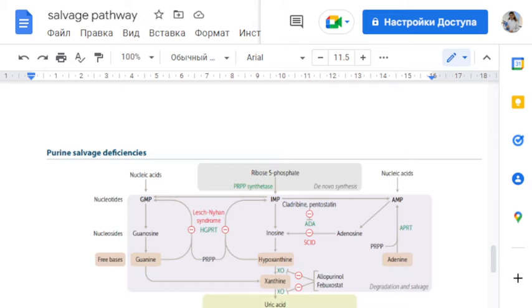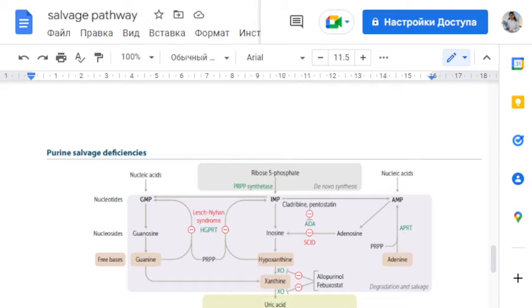So for adenosine, you need one more extra step. You form inosine first, and then from that intermediate product, you make hypoxanthine and xanthine. From guanosine, you directly make hypoxanthine or you make xanthine.